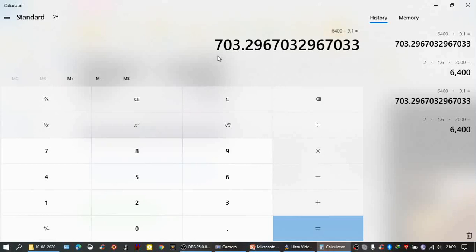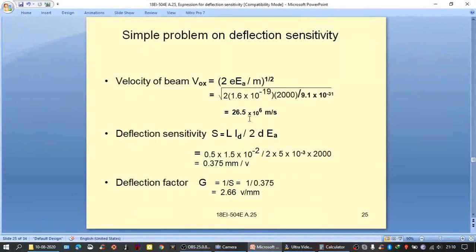And what is the square root of this? Its value is 26.5. 26.5 is the magnitude, multiplied with 10 power minus 19 in the numerator and 10 power minus 31 in the denominator, that is minus 19 and plus 31 in the numerator.